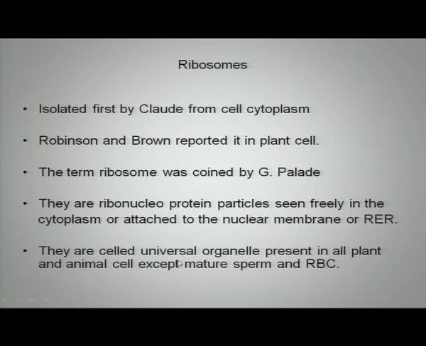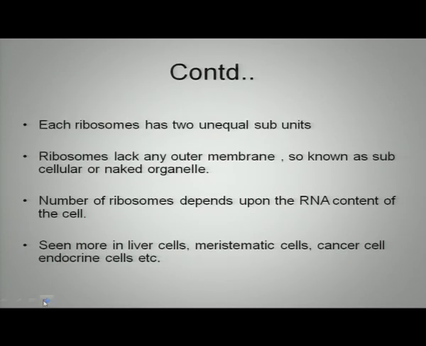As we all know, they are known as universal organelles, since they are present in all the plant and animal cells except in mature sperm as well as mature mammalian RBCs. Each ribosome has two subunits.